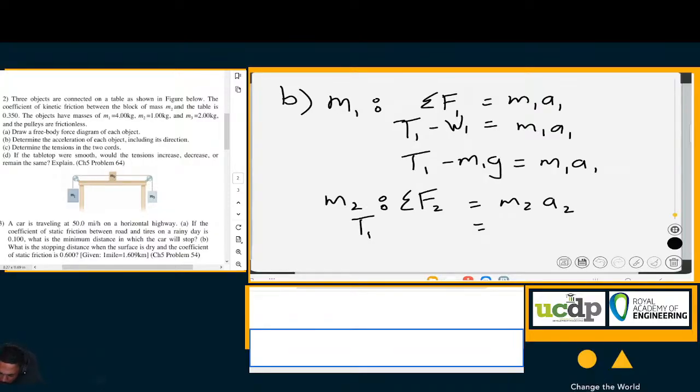So towards the left is negative, towards the right is positive.